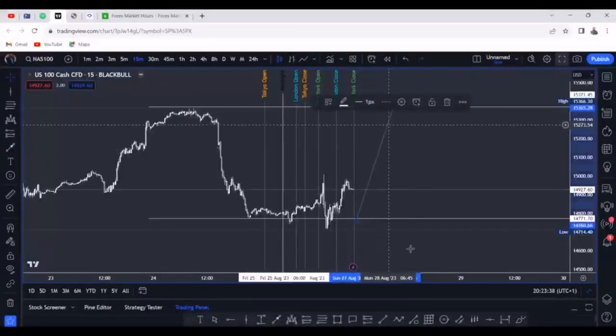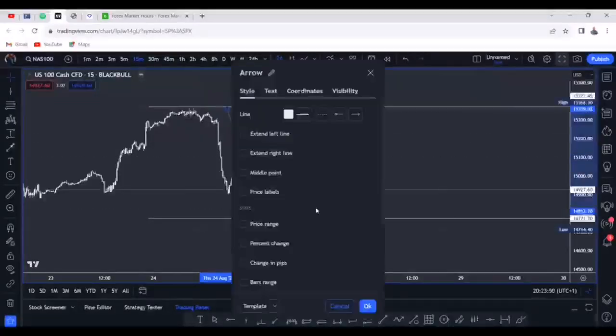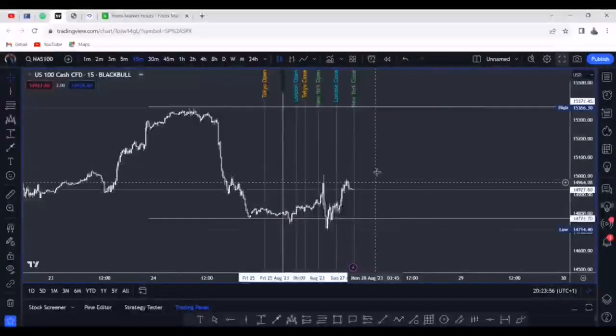Even here, this also came from an extension and that other day's low, where the market traded all the way to the top over here, and then it came down all the way to there.